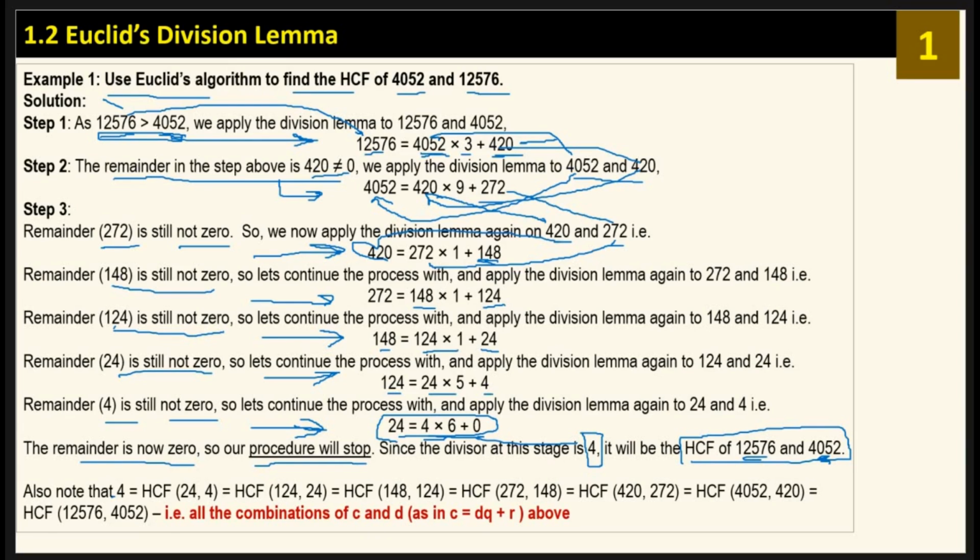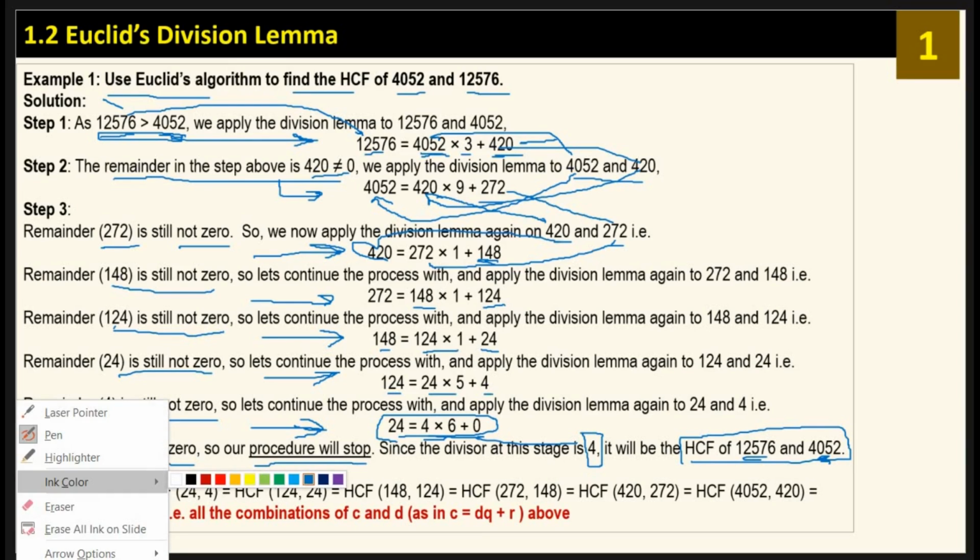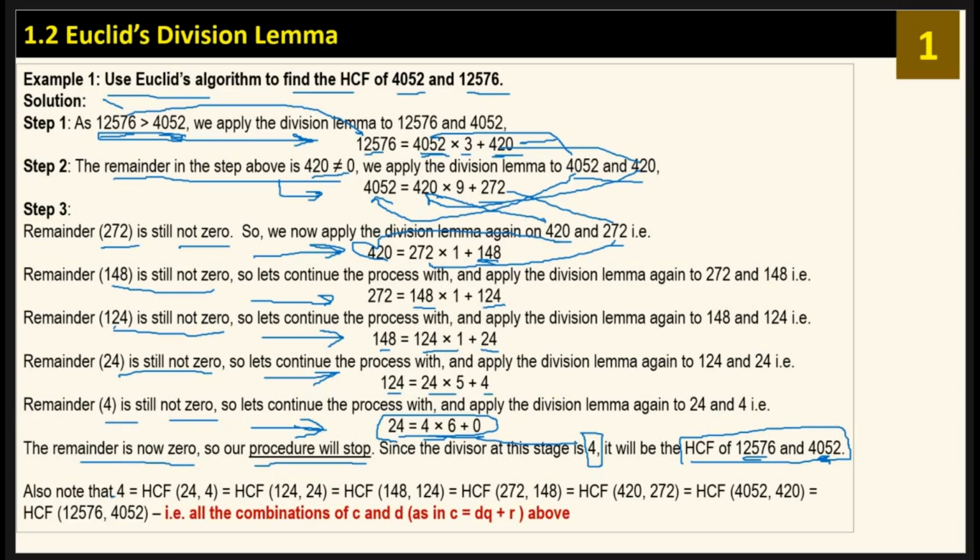You will notice that 4 is the HCF of other pairs in these equations as well. Let me change the ink color to highlight that 4 will be the HCF of 24 and 4, which is here. 4 will also be the HCF of 124 and 24, and the HCF of 148 and 124, and so on.